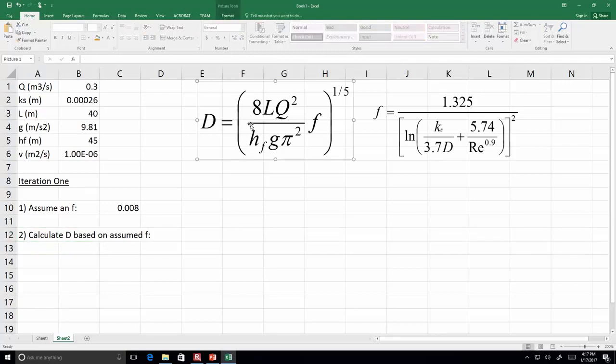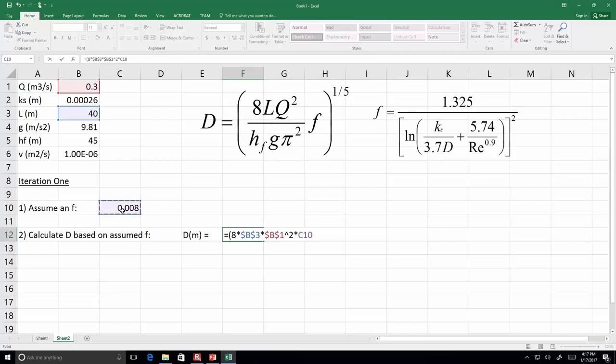Okay, and I'm going to be using this formula for that. So D in terms of meters is, I'm going to type in the formula, 8 times L, anchoring that, times Q squared, anchoring Q squared, times F, and now divided by H sub F, divided by G, divided by pi squared.